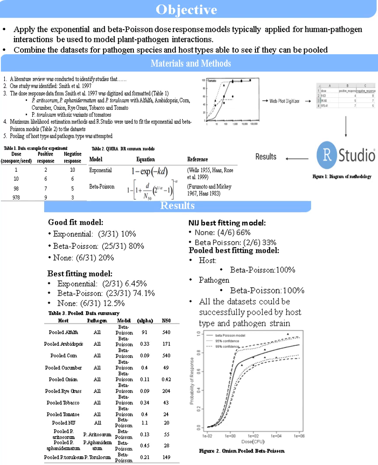These were chosen because they are the most biologically plausible, making our main objective to apply them to model plant pathogen interaction. And if they can be applied, we can combine datasets for the pathogen species and the host type, to see if they can be pooled.